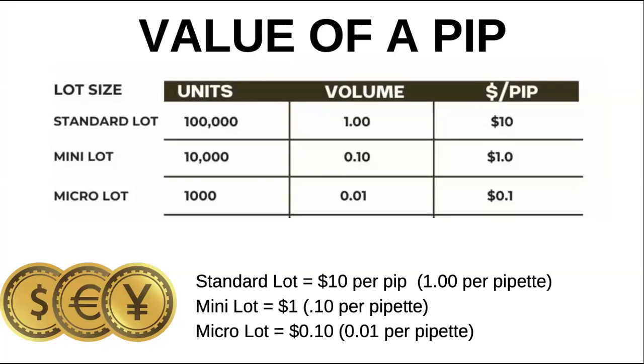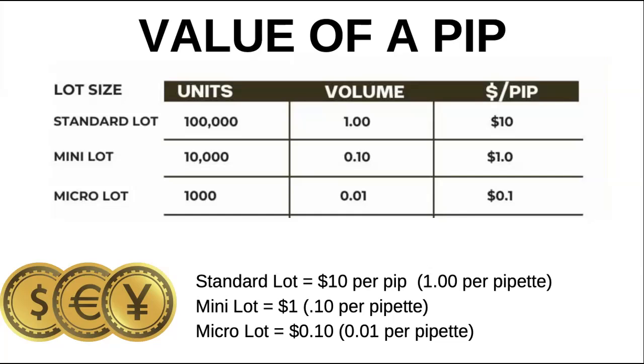So just keep that in mind when you are setting your stop loss, so that you know that when the price is moving in either direction, that is how much you're either profiting or losing on that trade. If you are new, if you have a small account, you want to make sure that you are using proper risk management.